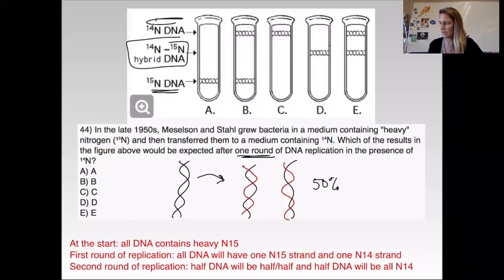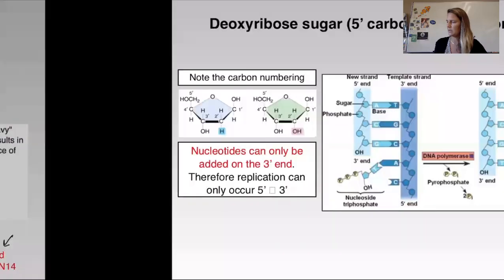So we would expect what? All of it to be in the hybrid. That makes sense. So at the beginning, all contains N15. After the first round, all the DNA will have 1/2 N14 and 1/2 N15, right? So after 1 round of replication, we would expect all of them to be in the hybrid. So that's a type of experiment that you should be able to answer.